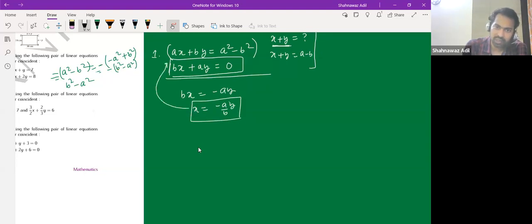We will get a times minus ay by b, and then plus b y equals a square minus b square, right? So we will get minus a square y by b plus b y, and y is common. Let me write it as y times minus a square plus b square over b, equals a square minus b square. So we'll get what? Again, the same result.